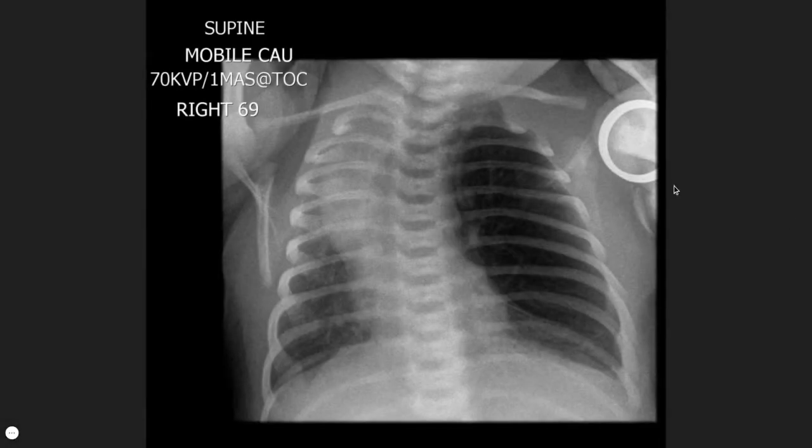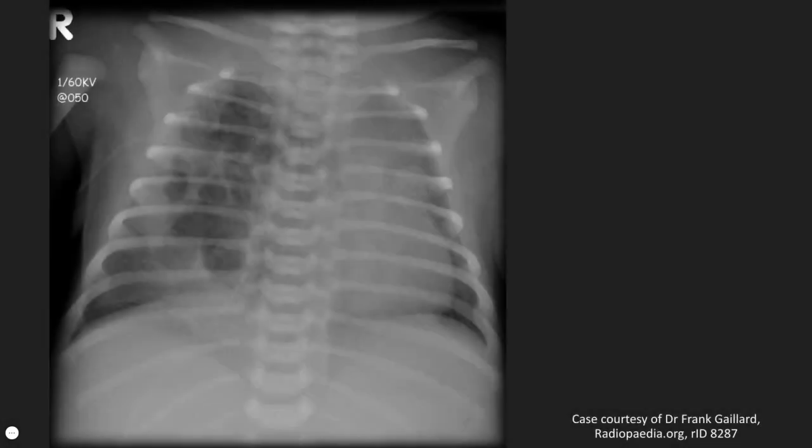This is another example of congenital lobar emphysema affecting the left upper lobe, this time with significant rightward shift of the mediastinal structures. This is a similar but distinct entity. Notice the opacification within the right hemithorax with multiple rounded cystic structures.